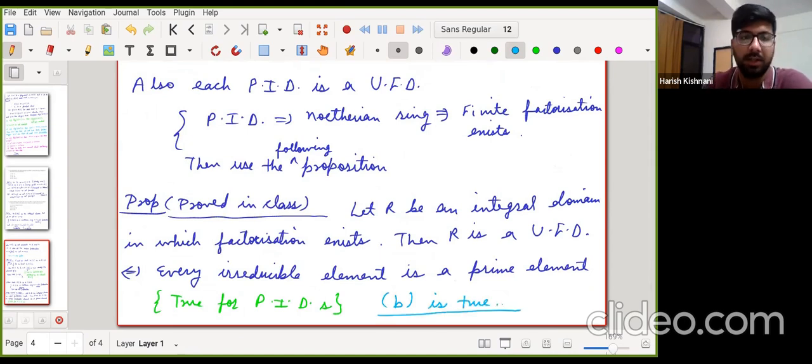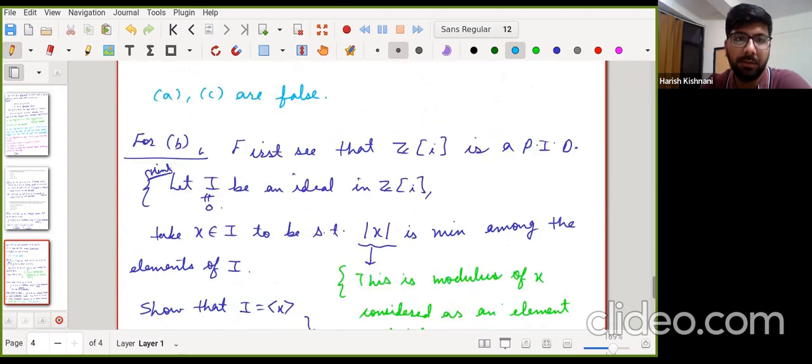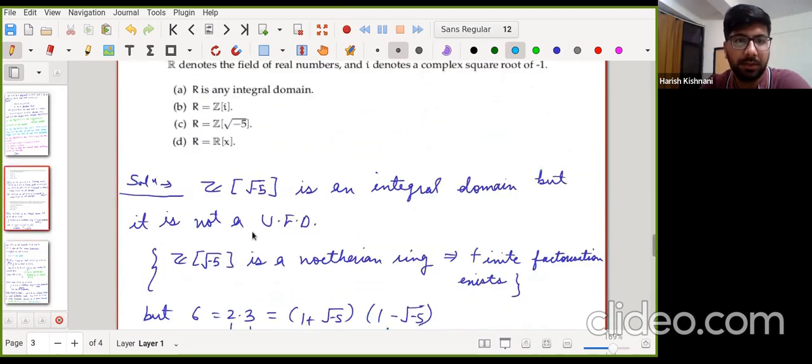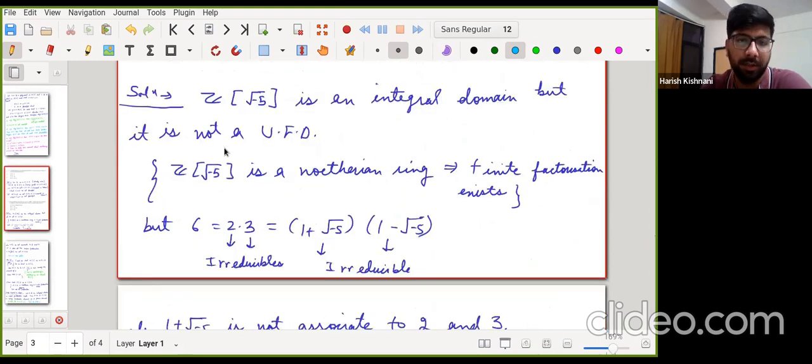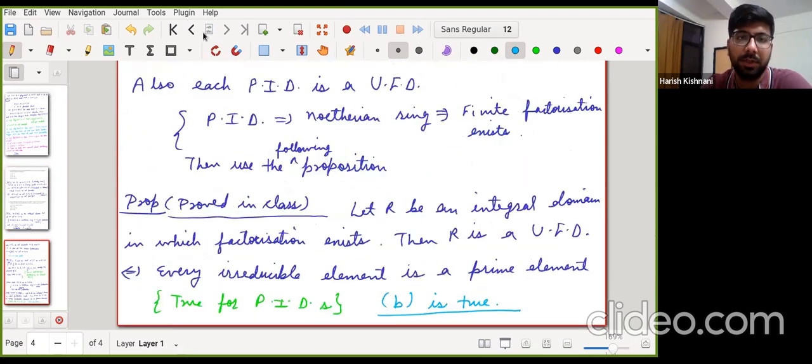Okay. Now, the fourth one, the D part. You have already said that as R is a UFD, R[x] is also going to be a UFD. That is already seen in the lectures. So the fourth one is also correct.